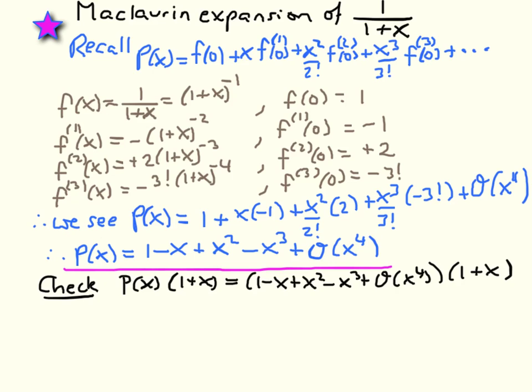So now when we multiply this out, what we are going to get is 1 times all of this, and then we will add x times all of this.